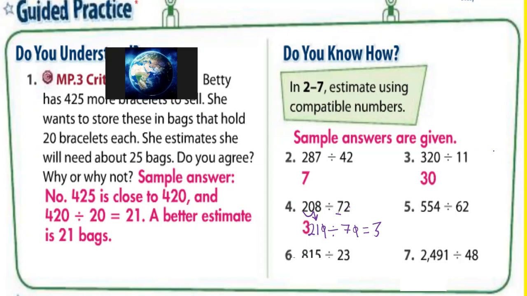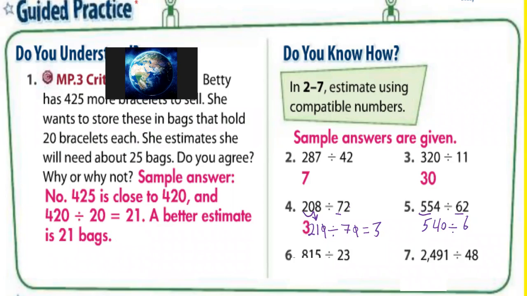Okay, 554 divided by 62. How can we do that? First, we will take 55 and 6. Is there a relation between 55 and 6? No. So I can make it 54 divided by 6. Yes, it can be.